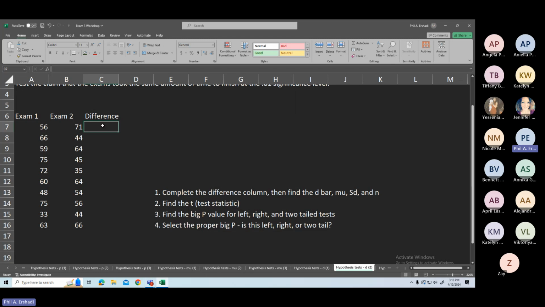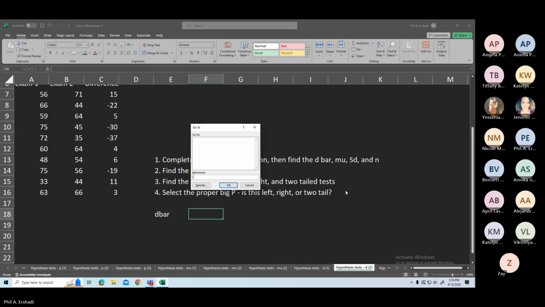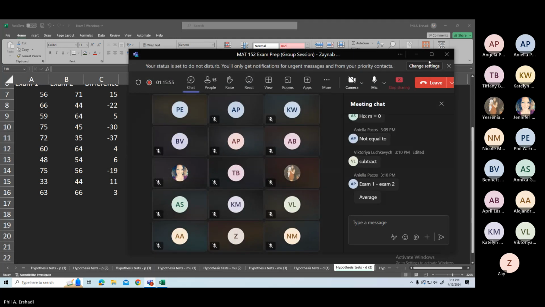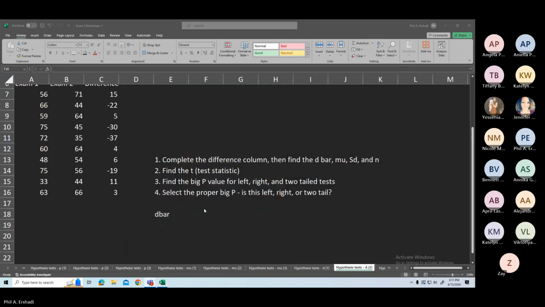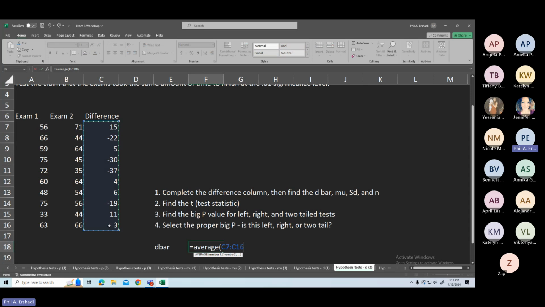So I'm going to go equals exam 2 minus exam 1 and copy all that down. And now we've got my difference column. So with that said, how do I get D bar? Take the average, very good. So equals average of all this.